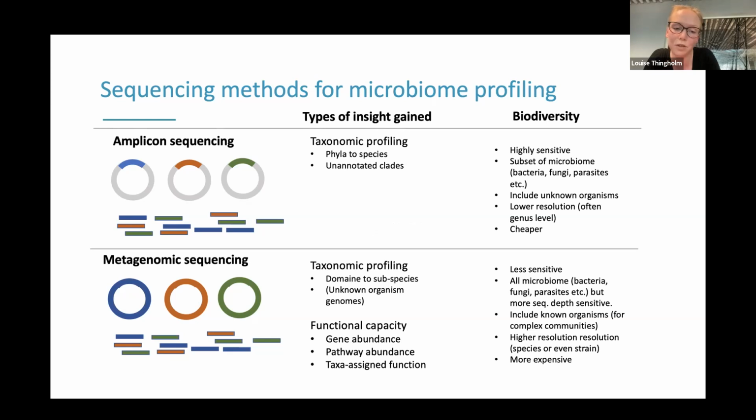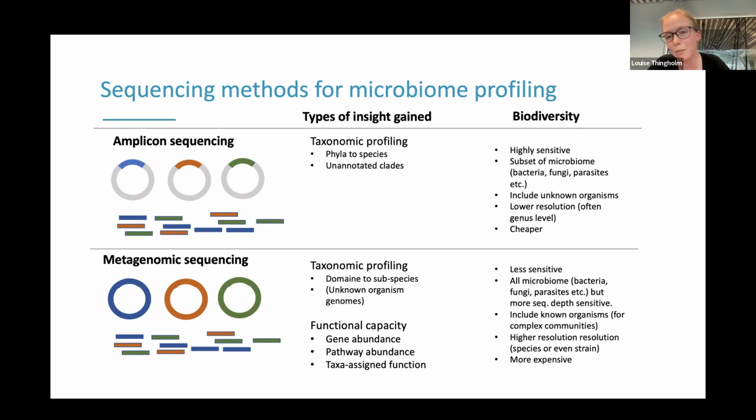You can have species or strain level information depending on the community you sequence, and you can have information about functionality. So you can have genes and pathways, this functional capacity of the microbiome profile. So it gives you a lot more information, but it also has some holdbacks, like it's more expensive than using amplicon sequencing.